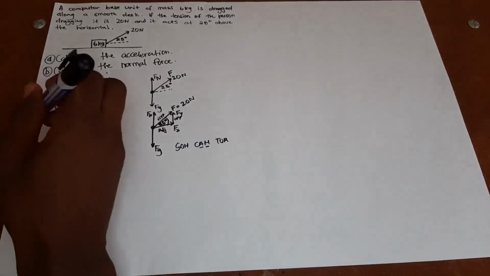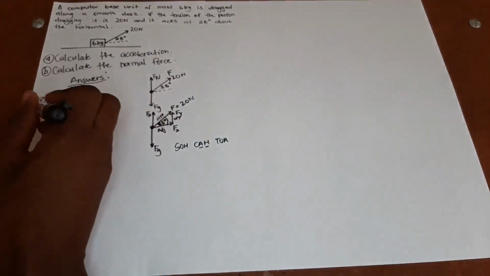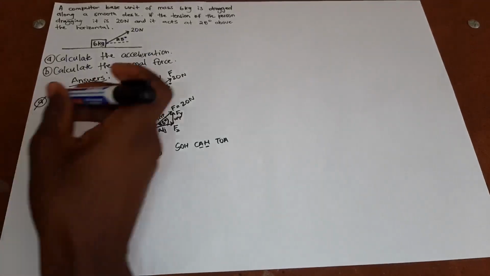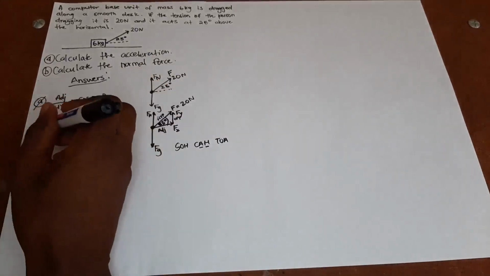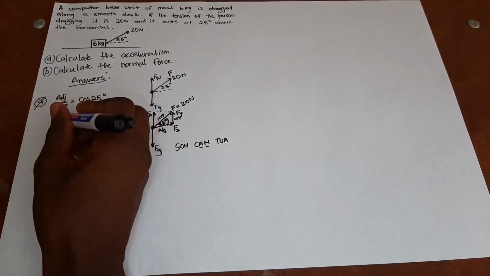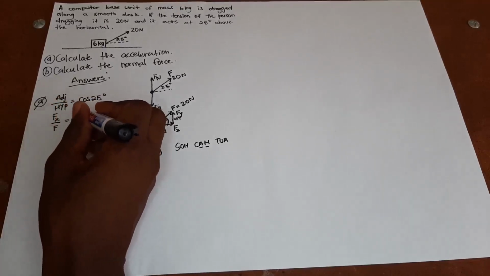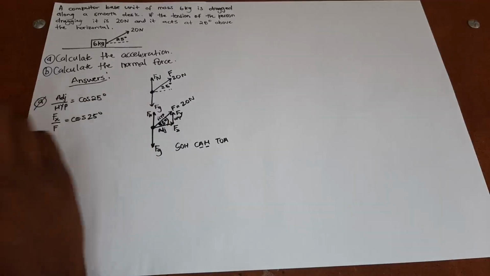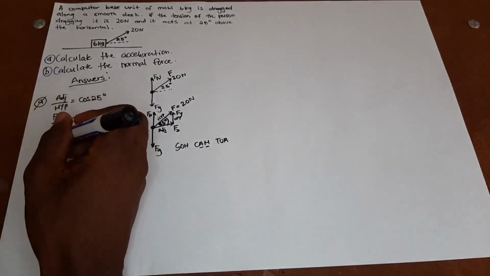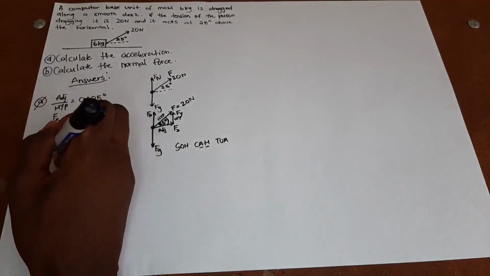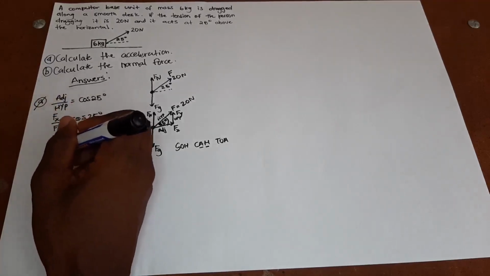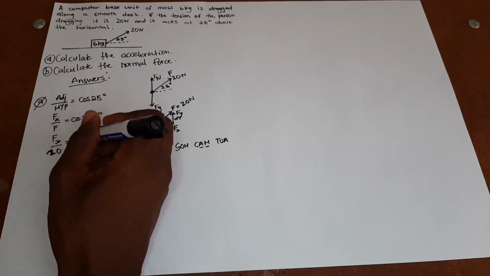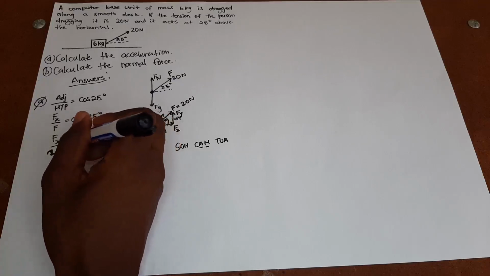What's our adjacent side? Our adjacent is Fx. Let's substitute the variables. It's Fx over the hypotenuse, which is F, equal to 20 newtons, equals cos 25 degrees. So Fx over 20 is equal to cos 25 degrees over 1.